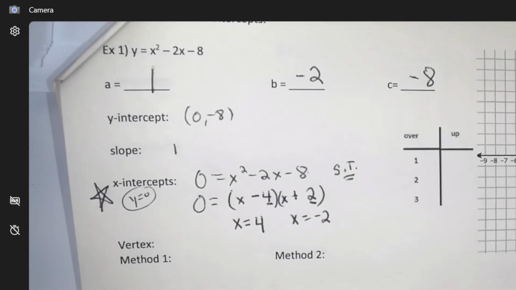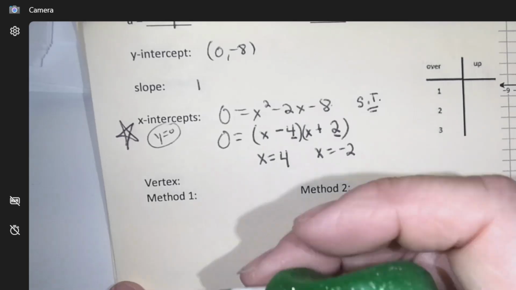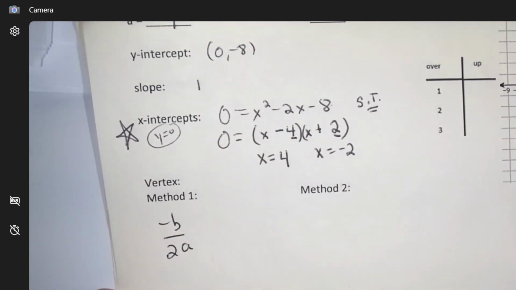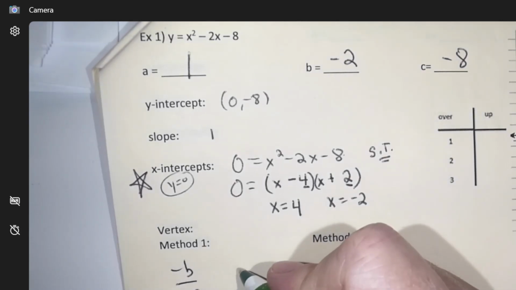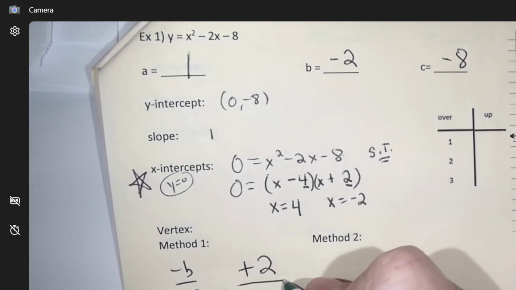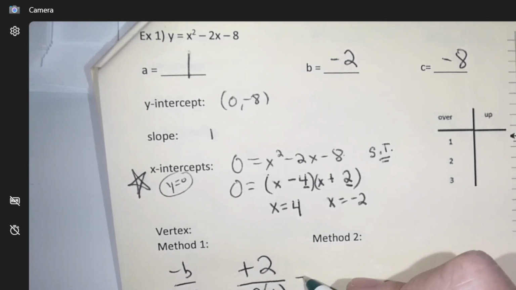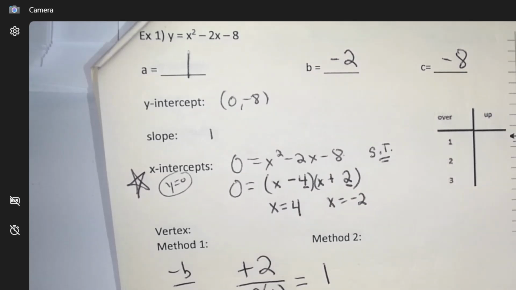Okay, so let's go to the vertex to finish this off. Give me something for negative b over 2a. Negative b, so positive 2, over 2 times a, equals 1.